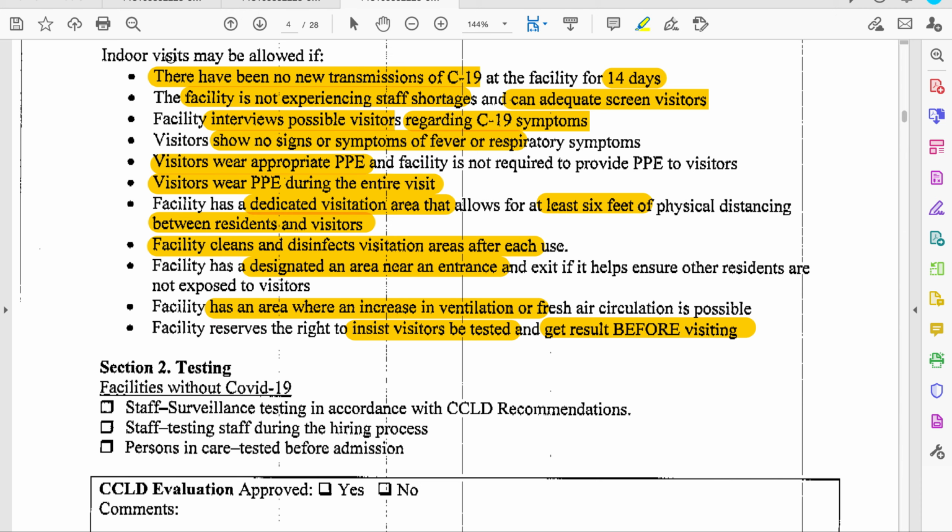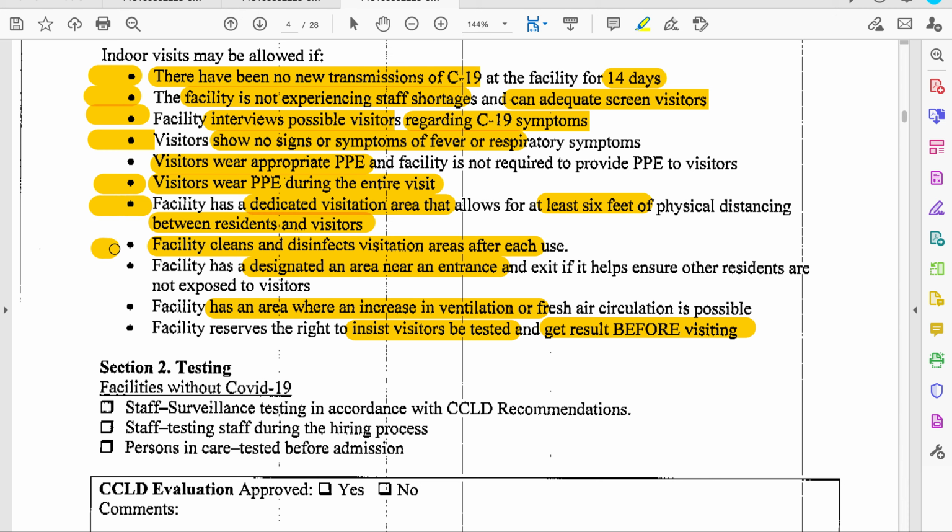Essentially, we are allowed indoor visits if there have been no new transmissions, if the facility can adequately screen visitors, if we can interview and screen them regarding COVID-19 symptoms, and if they show no signs. They must always wear PPE and stay 6 feet apart.